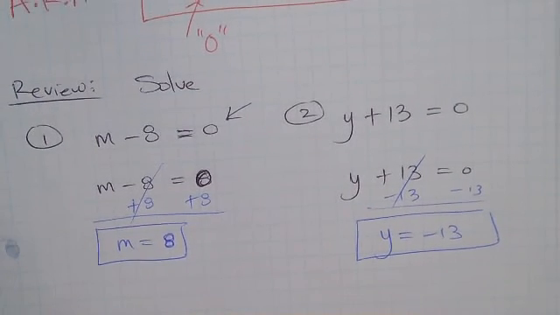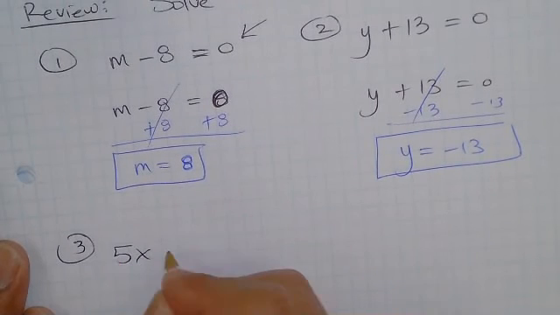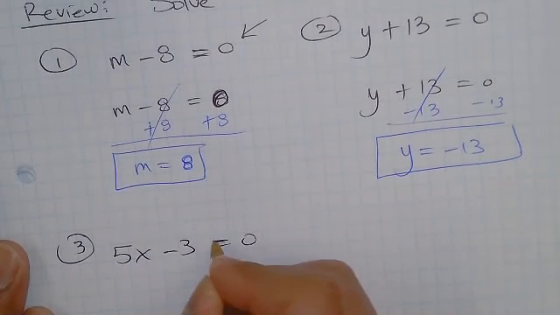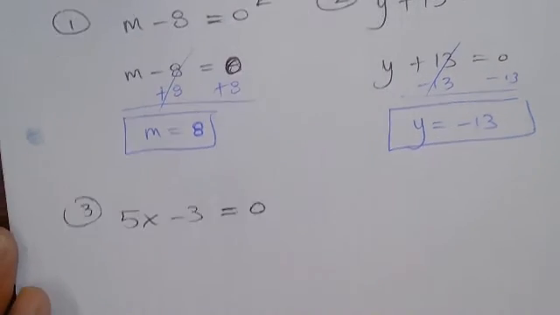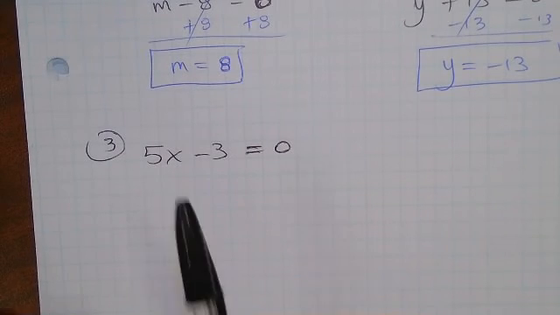Okay. All right, now how about this one? Number 3: 5x minus 3 equals 0. Well, this one, now it's not a one-step problem. There's a couple of steps involved. It's not a simple one where you can just see it, but you've got to work it out.